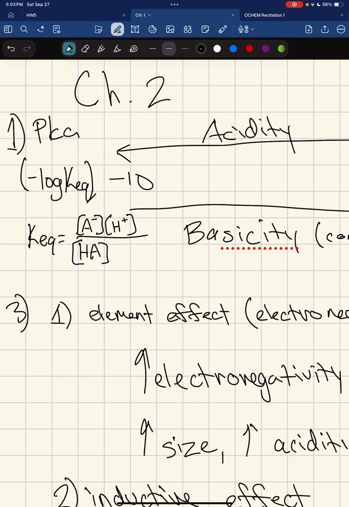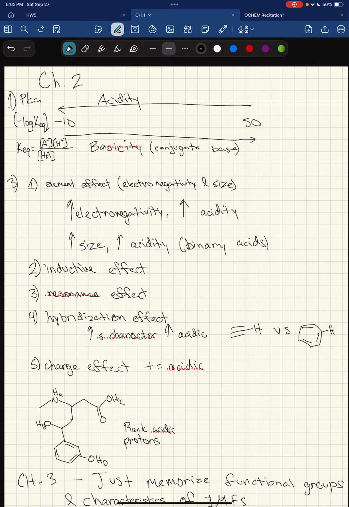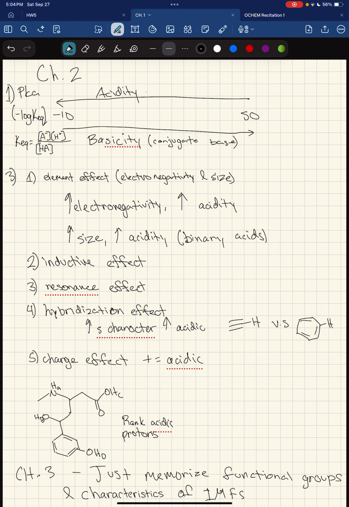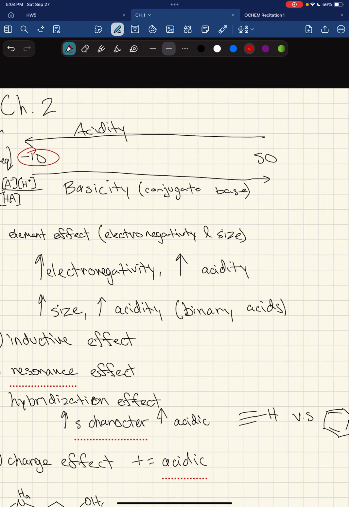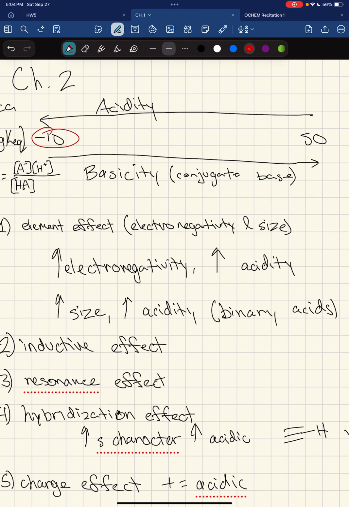The pKa is the negative log of that. So because of that, it's kind of like an inverse relationship, where as your pKa goes down, like a pKa of negative 10 is going to be super acidic, while a pKa of 50 will be very not acidic. And then it's the opposite for the basicity of a molecule.